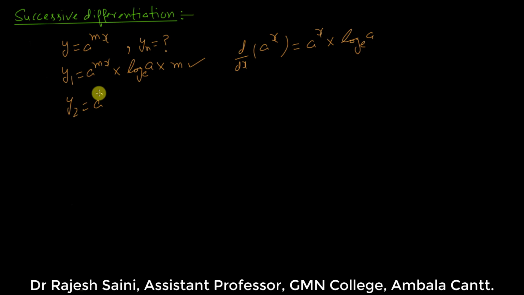Fine. So now differentiating again with respect to x, what will we get? y2 is a raised to the power mx as such into log a to the base e. Now we will differentiate mx only, its differentiation is m, and the earlier factor is already present. So this will be into m.